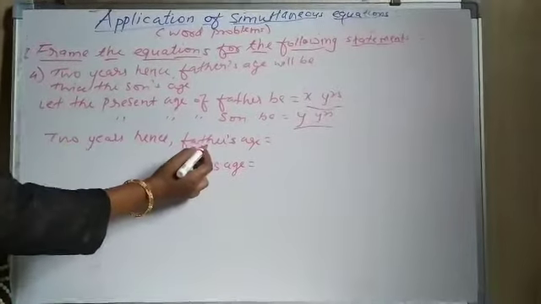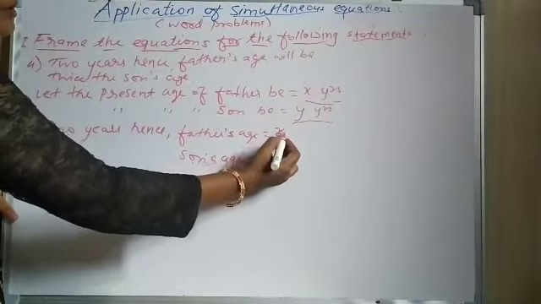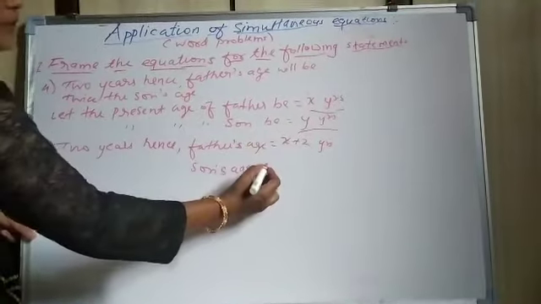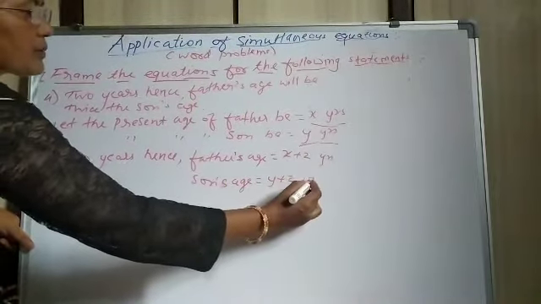After 2 years, father's age, present age is x, so we add 2 to this. So after 2 years father's age is x plus 2 years. Similarly after 2 years son's age, present age of son is y, so add 2 to this also: y plus 2 years.